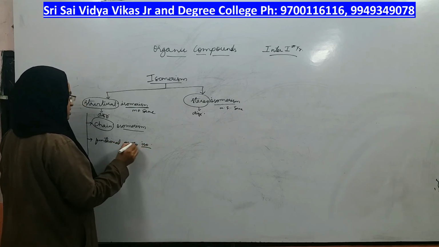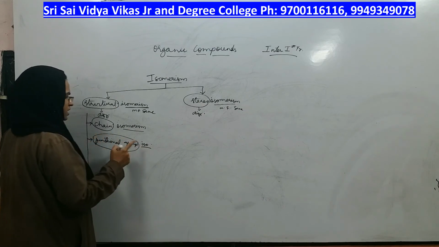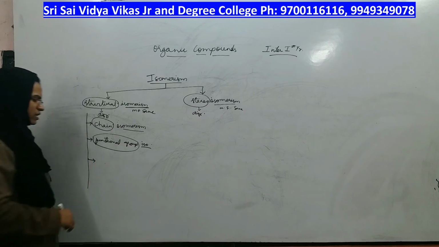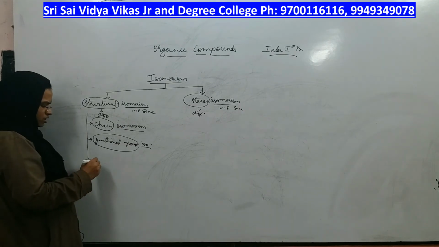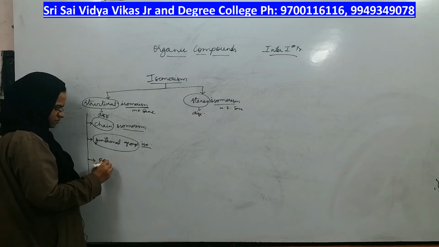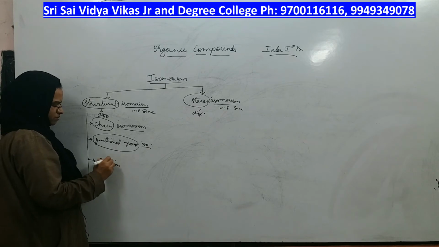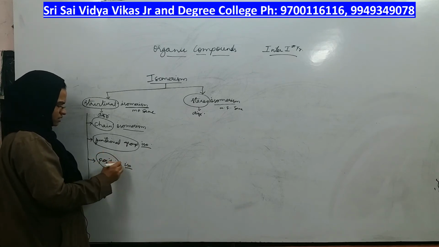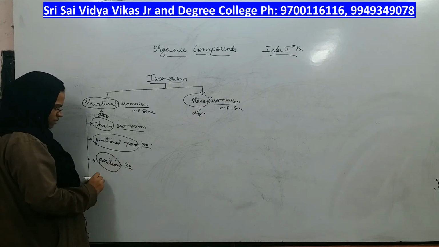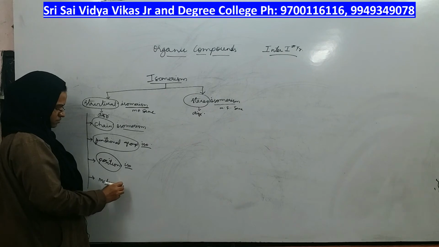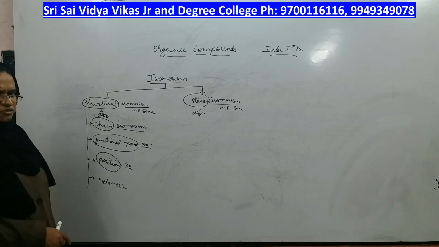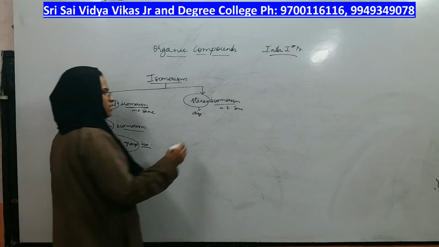This is circled, this is underlined, and that is circled. Same way, there is another type of isomerism under structural only, which is position isomerism. This is underlined and this is circled. One more type is metamerism. You cannot underline or circle here because it is a little bit different from its definition, right?